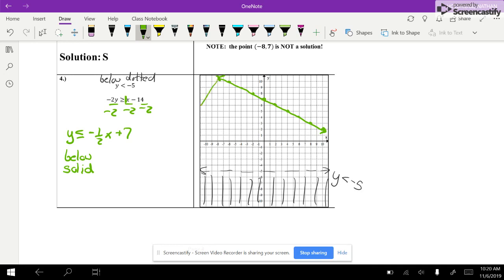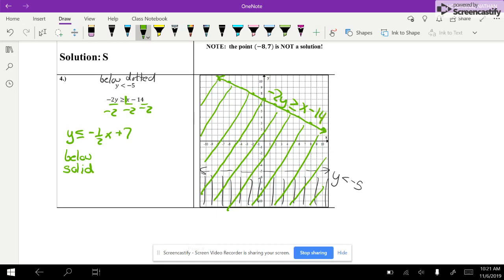So again, I'm going to make single perpendicular lines like this that come all the way down through. Okay, so that's everything below. All right, I'm going to label it. So this is going to be -2y is greater than or equal to x minus 14.